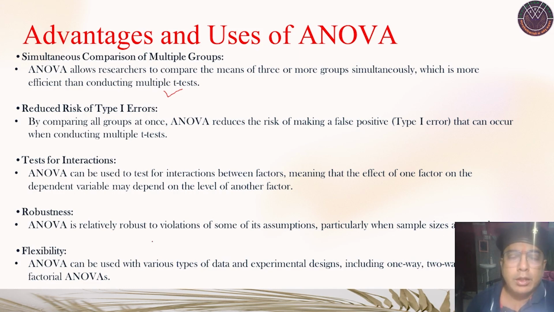So you can use it whenever sample sizes are equal or not equal. It is one of the advanced techniques which can be used for studying the differences in more than two groups. ANOVA can be used with various types of data and experimental design, including 1-way, 2-way, and factorial ANOVAs, which I already told. So this way ANOVA is useful.